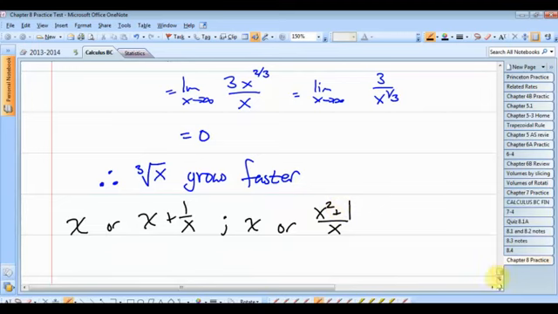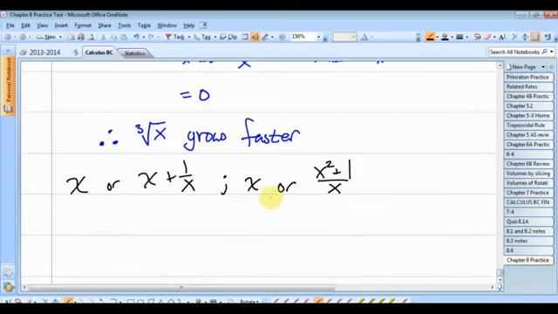Which one do you think grows faster? You think x is faster? Okay, let's check if x is faster. We'll take the limit as x approaches infinity of x squared plus 1 over x, over x.